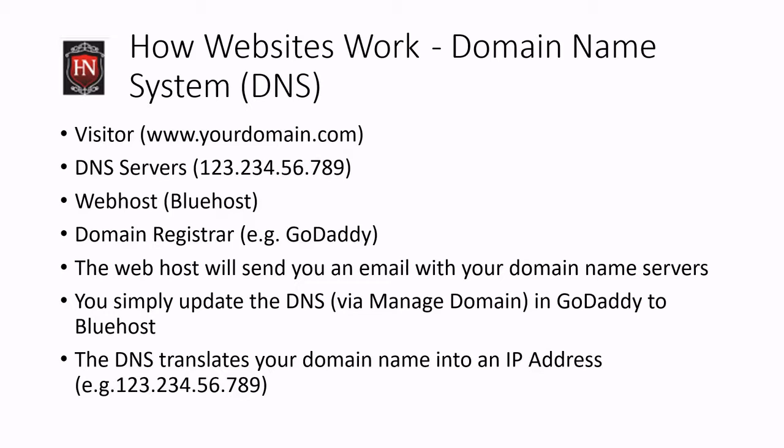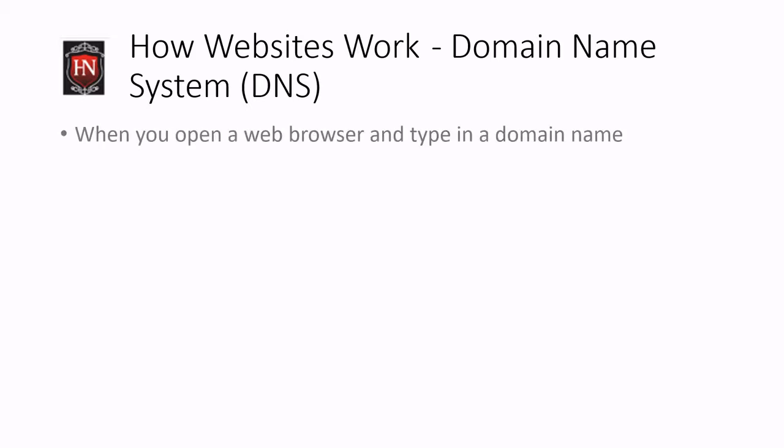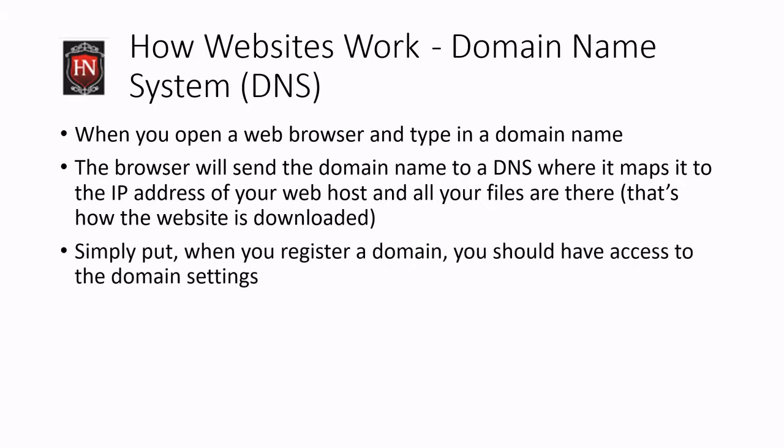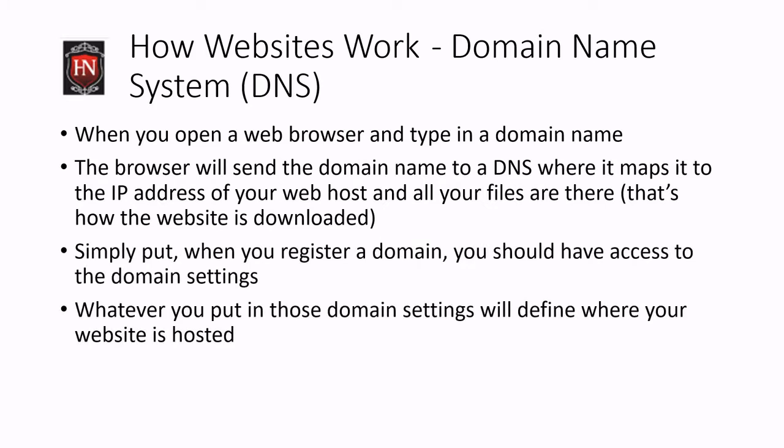Then all you do is update the DNS, and that is just a matter of copying and pasting those two domain name servers that they're going to give you from Bluehost. It's really easy. Once you actually start to do it, you'll see what I'm talking about. After that, all the DNS does is translate your domain name into an IP address. That's basically how that works. You'll see better in the graphic once I set that up in one of the next slides.